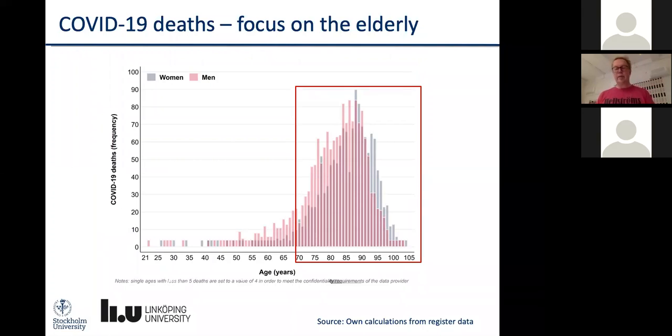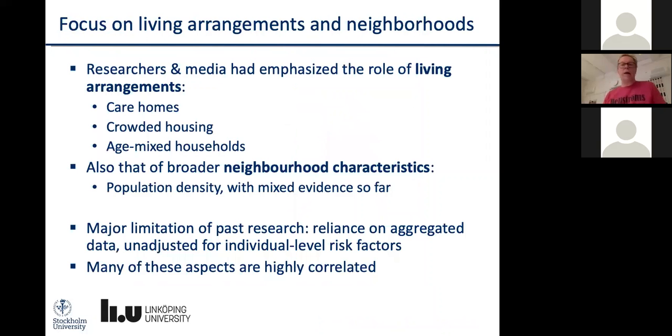And then the focus is on what can explain the excess mortality of different groups among the elderly. What factors may be important if you want to implement policy advice on how to protect the elderly. Much of the discussion, of course, both in Sweden and elsewhere, has been on how to protect the elderly from the hazards of COVID-19. And the focus of this study is on living arrangements.